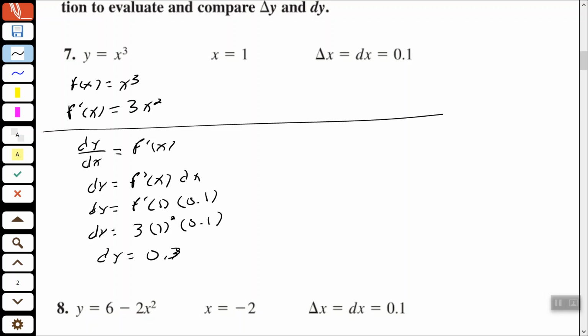All right, now let's take a look at delta y, the actual change in y, which is f of x plus delta x minus f of x. So let's substitute here.